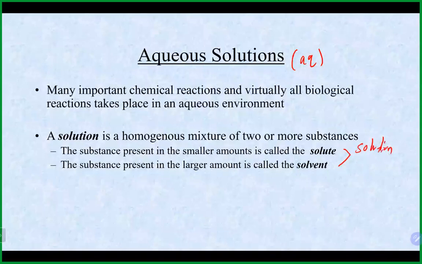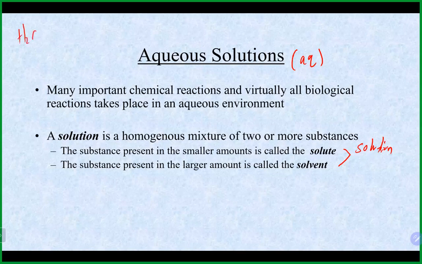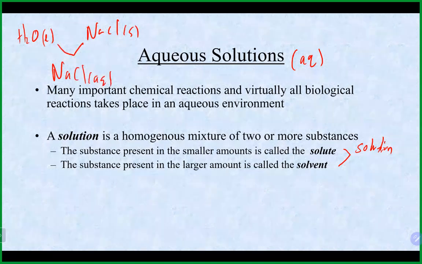So for example, if we made a solution by taking water and some sodium chloride and putting them together, we would get a sodium chloride solution, an aqueous solution. The salt would dissolve, obviously, in the water. In this particular example, it is the solute, which is the smaller part that's dissolved.